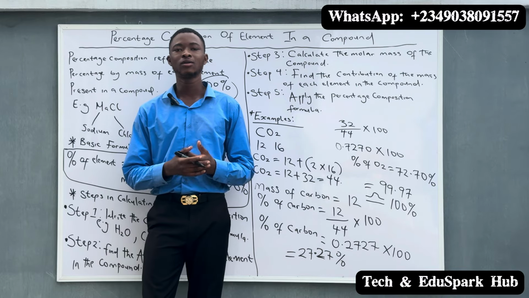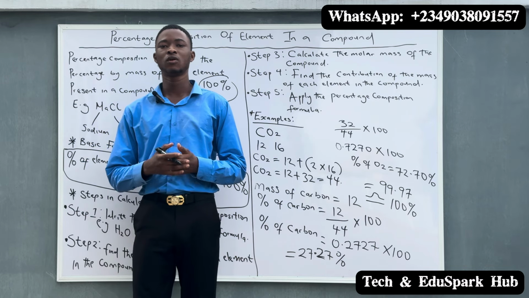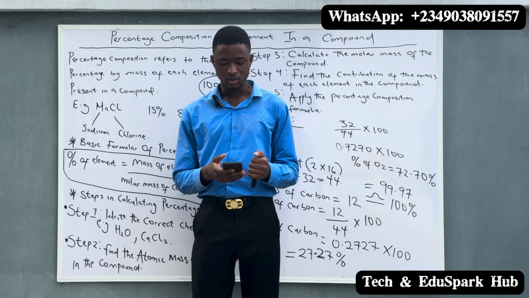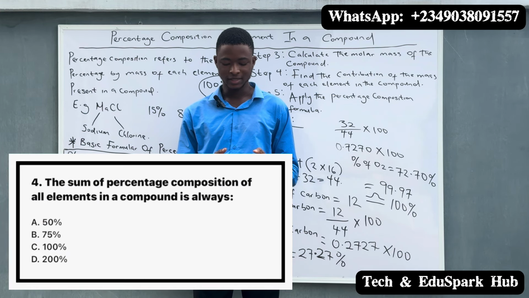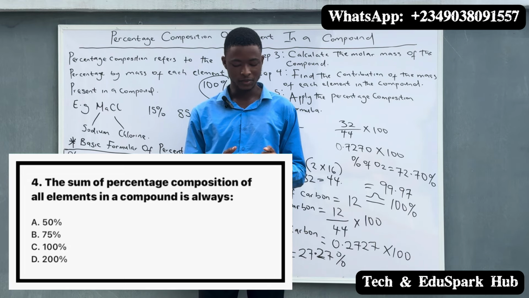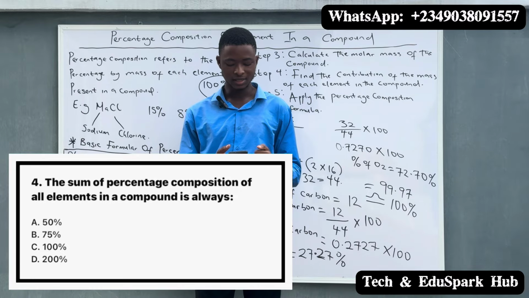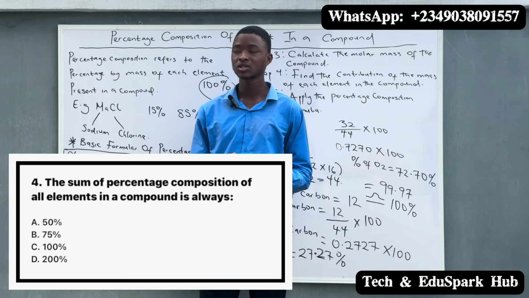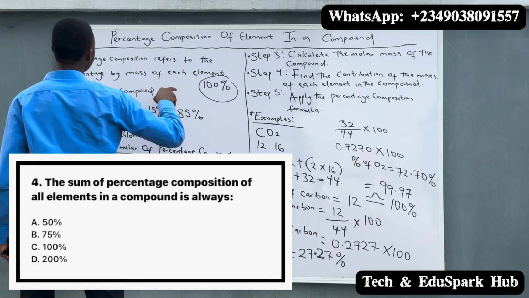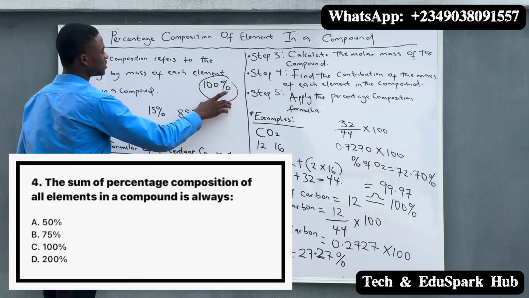So let's move to another question under the percentage composition of elements in a compound. The question says the sum of percentage composition of all elements in a compound is always A 50%, B 75%, C 100%, and D 200%. I said earlier that the percentage composition of all elements in a compound must be equal to 100%.